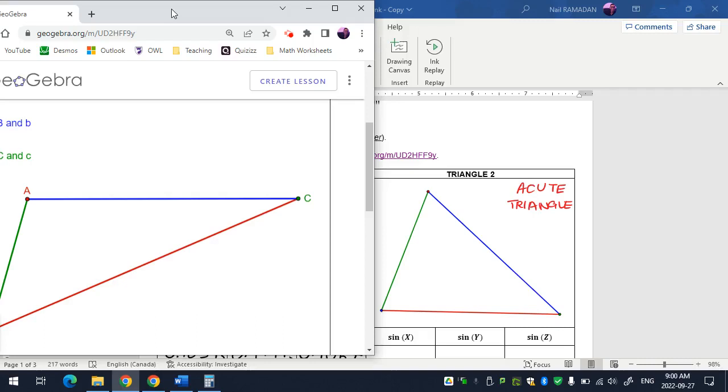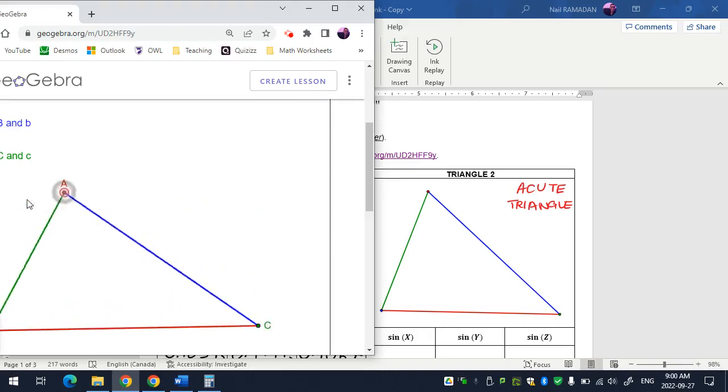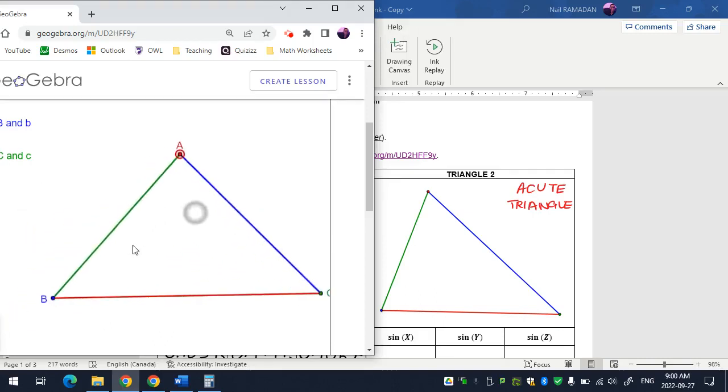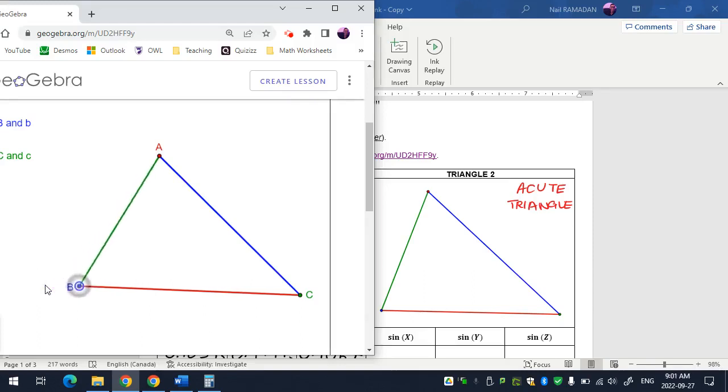Okay, I need a lot of changes here. So we're going to make this one here, this one here. What do you think? Yeah, this needs to be closer, right? Closer to the right, yes. You know what?